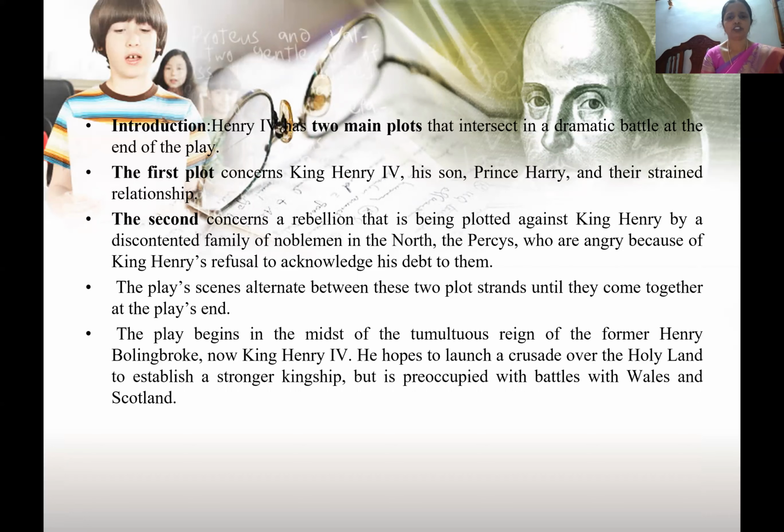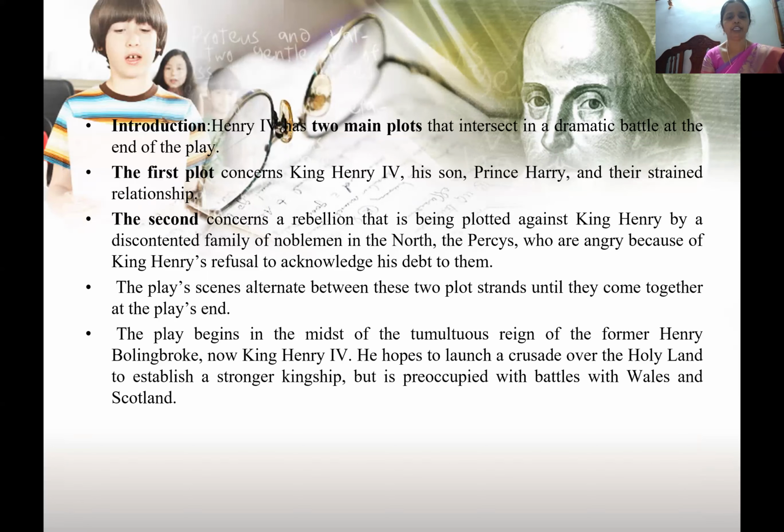The second concerns a rebellion being plotted against King Henry by a discontented family of noblemen in the North, the Percys, who are angry because of King Henry's refusal to acknowledge his debt to them. The play's scenes alternate between these two plot strands until they come together at the end of the play.